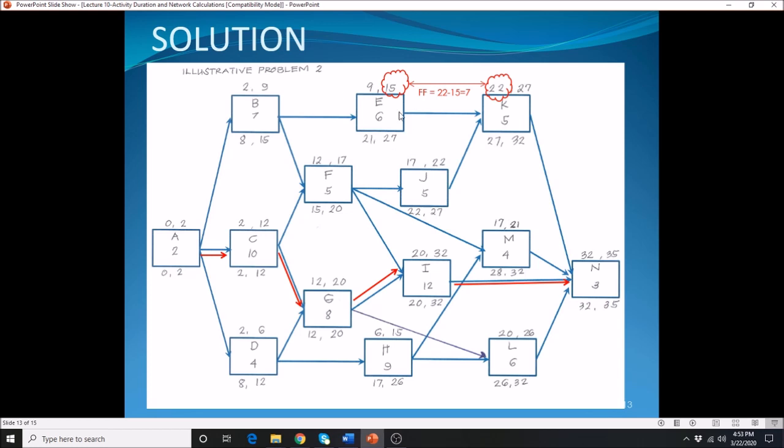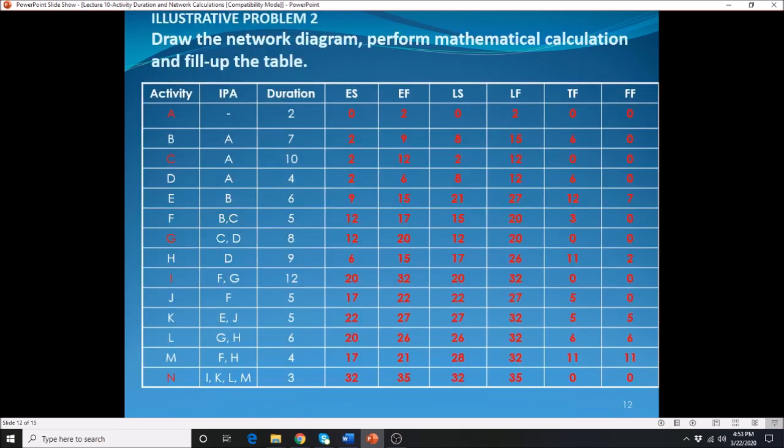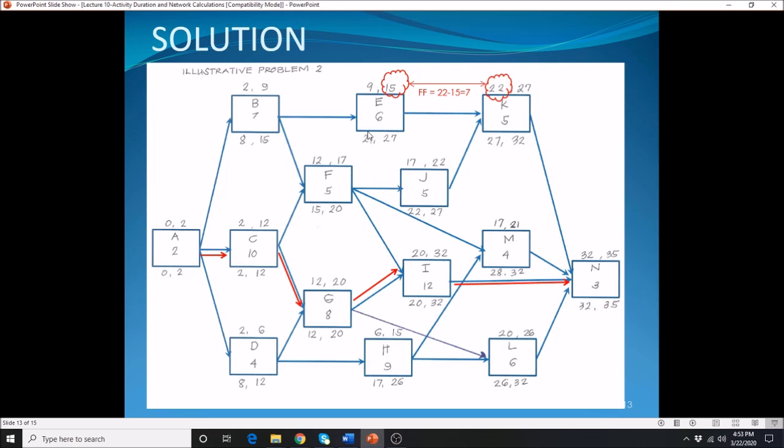Alright, for your activity E, that is not a critical activity, so you should have a total float. So we have here 21 minus 9 or 27 minus 15, and that will give you for your activity E 12. So the TF, that is 21 minus 9, that is 12, or 27 minus 15, that is 12.